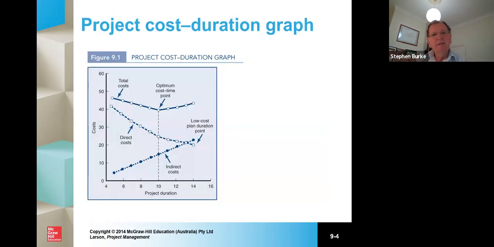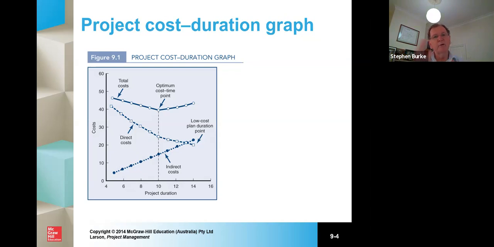Now, you can represent this graphically. And what we see on this graph here is we have direct cost, and as the project continues, they become lower. Indirect costs, which might be associated with materials and overheads, continue to creep up, and they might be a factor of project duration. And then you reach a point where you have your optimum cost time.